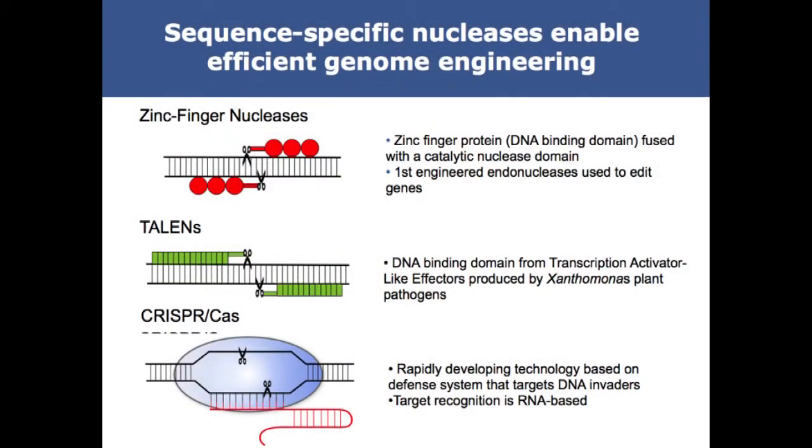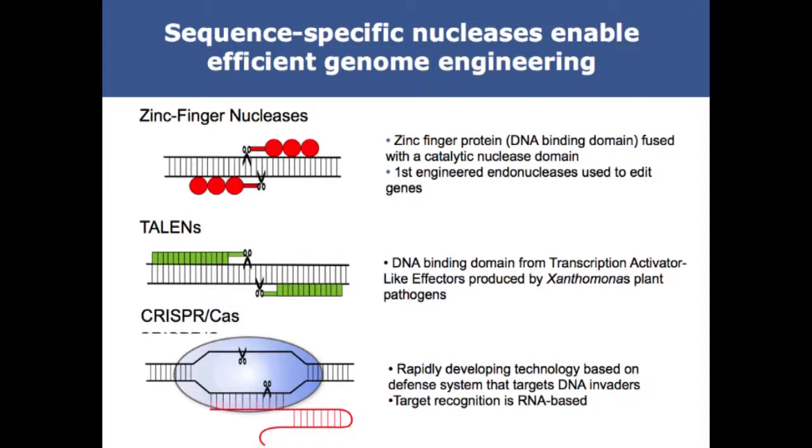So the field of genome engineering has advanced quite rapidly over the past few years, and the reason is improvements in our ability to make these targeted double-strand breaks. The field was really launched with a group of sequence-specific nucleases, the zinc finger nucleases, which can be engineered to recognize a specific sequence and create that break.